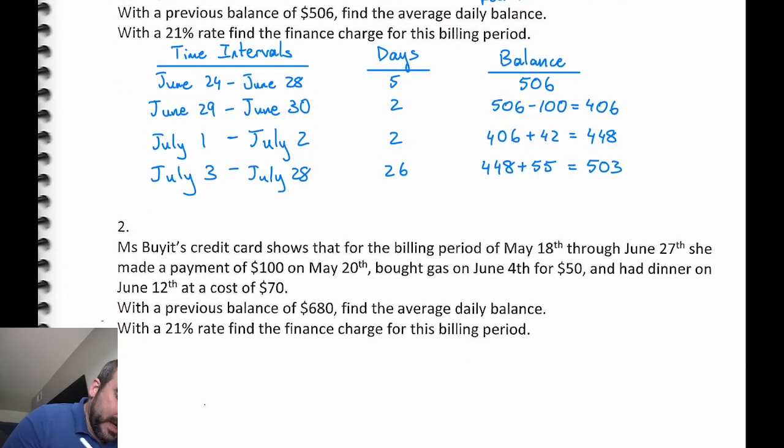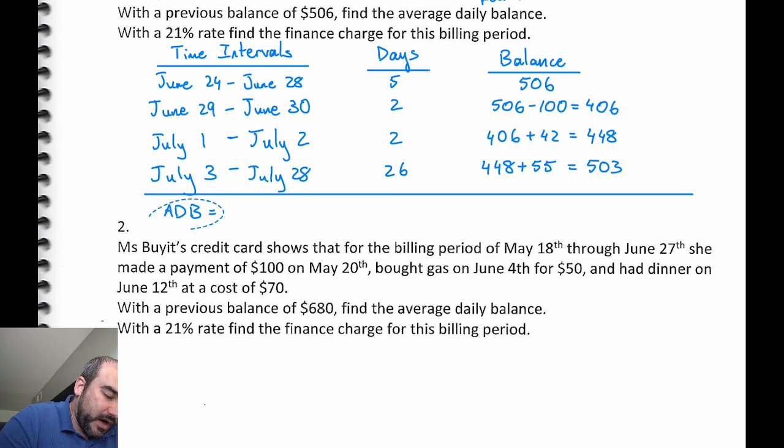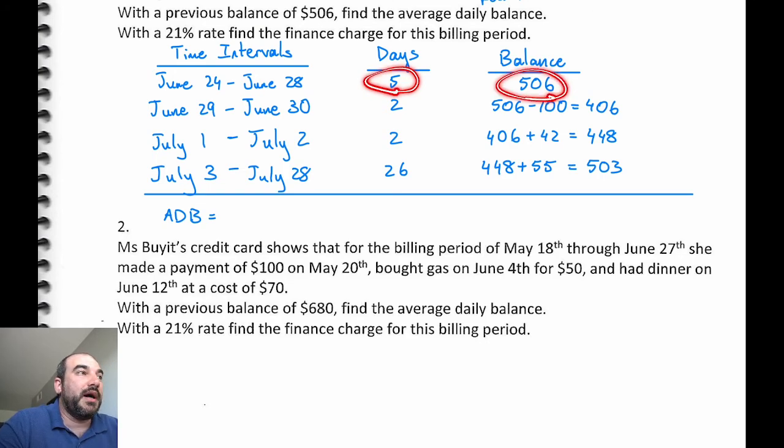Well, let's start working on it. So average daily balance, I'm going to shorten as ADB. Our calculation for this is going to be as follows. We're going to take each time interval, the number of days it is, and multiply by how much the balance was for each time interval.